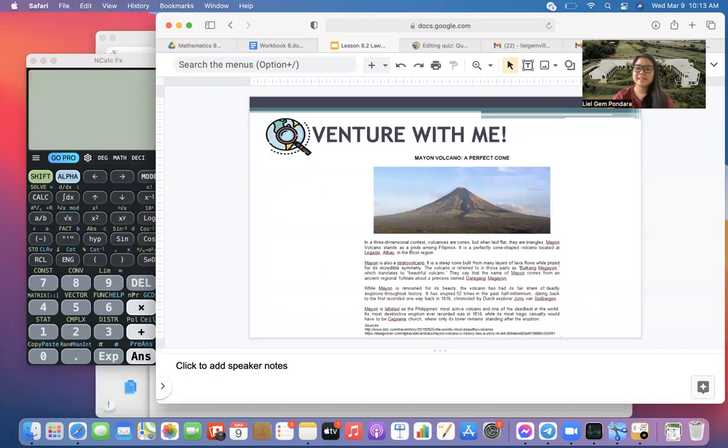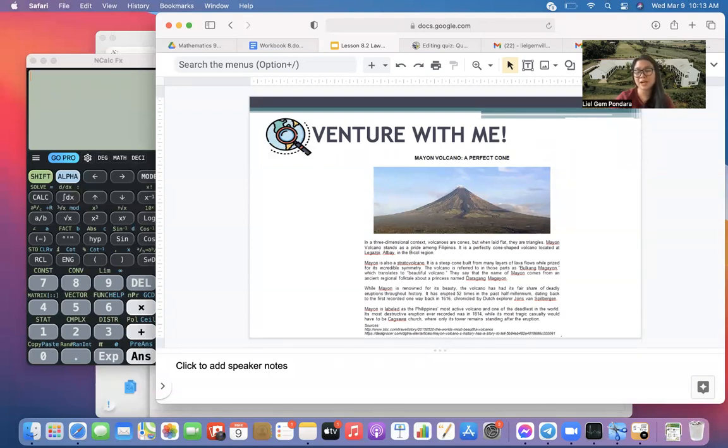Now, here's our venture with me today. Yesterday, we talked about different triangles in nature, like the succulents, the flower, the dorsal fin of the dolphin, and also a volcano. And this morning, I'm going to share with you about the Mayon Volcano. In the Philippines, it's called a perfect cone.